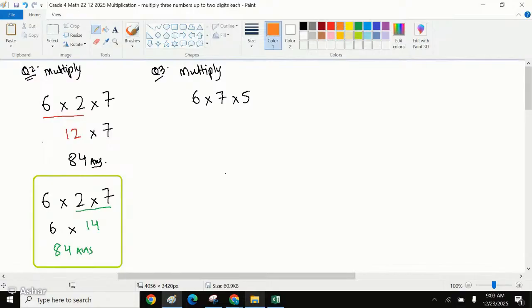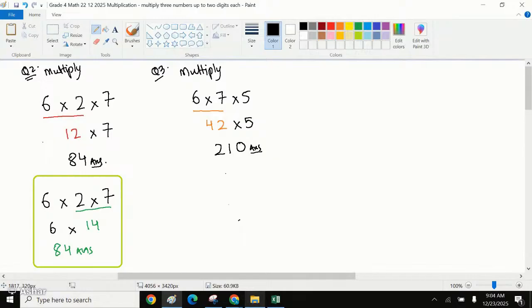So if we multiply 6 multiplied by 7, what should be the answer? 6 times 7 is 42. And when we multiply, 42 multiplied by 5 is 210. This would be our answer.